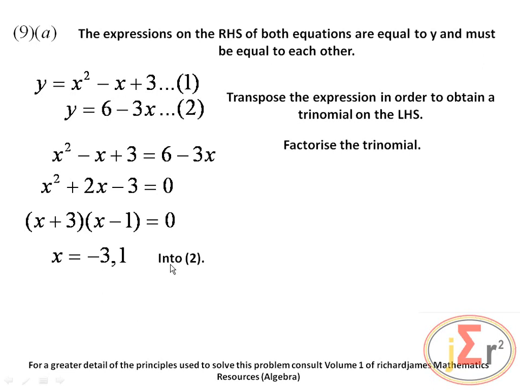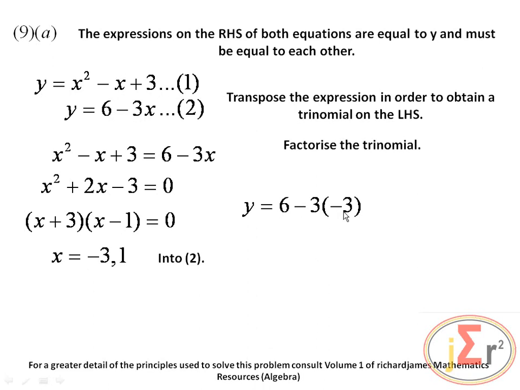We substitute this into the second equation. We are attempting all the time to use the equation that will give us the simplest result. So introduce this into equation 2. So on the first count we will have 6 minus 3 times negative 3.